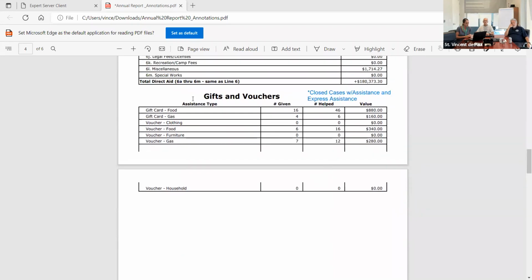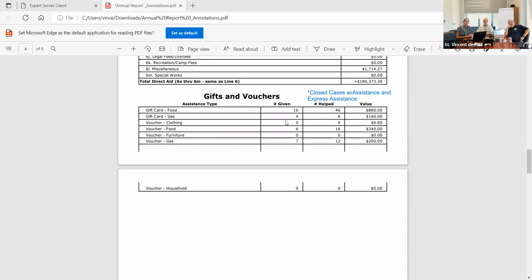Okay. Gift cards and vouchers does have an asterisk, which means you cannot change this in the wizard. It comes from closed cases with assistance and express assistance. And for those of you that use express assistance, many of the assistance types there are for vouchers. If you were using express assistance and gave somebody a voucher, it would be accounted for here.